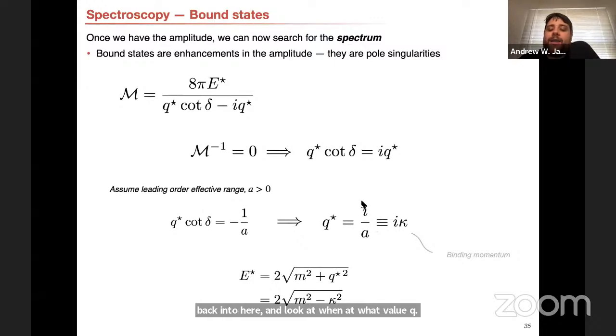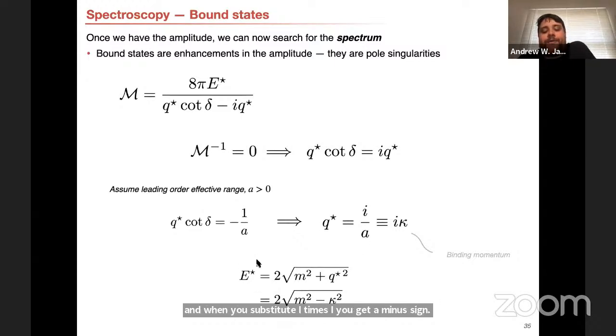And we define this real part that is multiplying this I factor as the binding momentum, kappa. So it's an imaginary momentum that describes how much binding this system is feeling. The reason why we write it in terms of Q star is because then we can plug it into the formula for the center of momentum energy in terms of Q star. And when you substitute I times I, you get a minus sign. This is where this minus sign comes from.